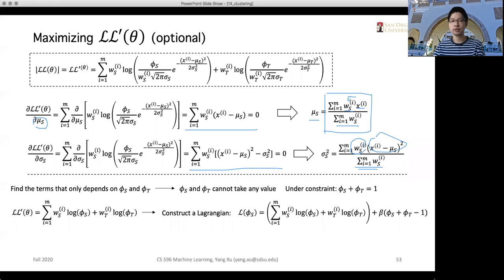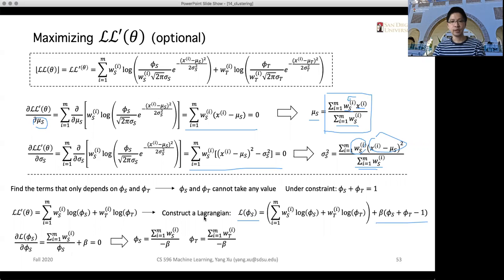We use beta times the transformed constraint here as the additional term in the Lagrangian. But this is also easy to compute: once we take the derivative with respect to phi s, it's easy to find that phi s is like this and phi t is like this.